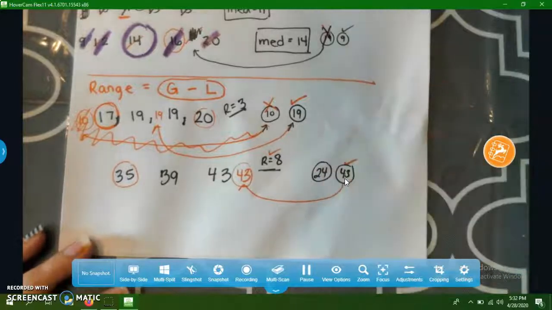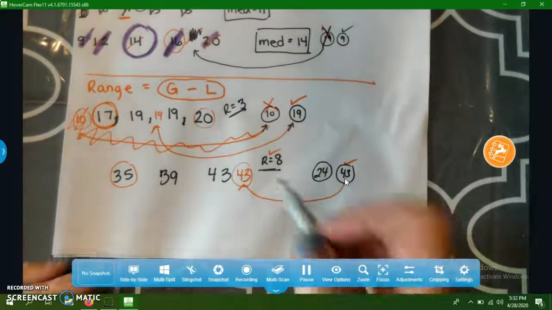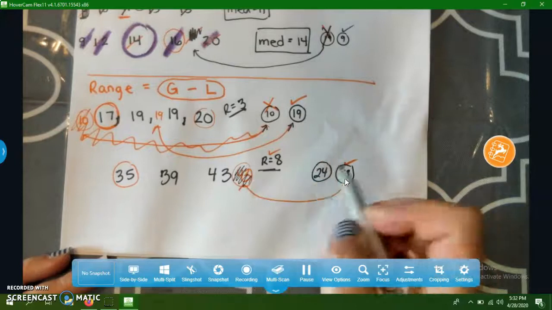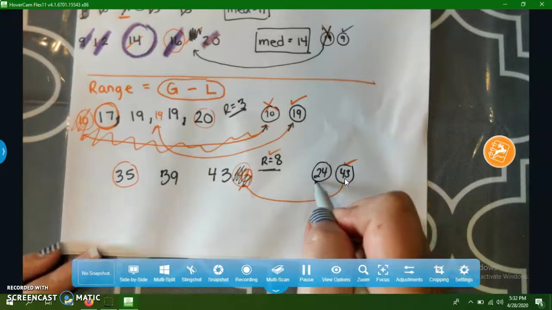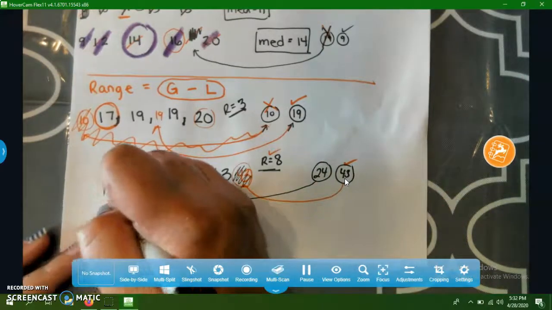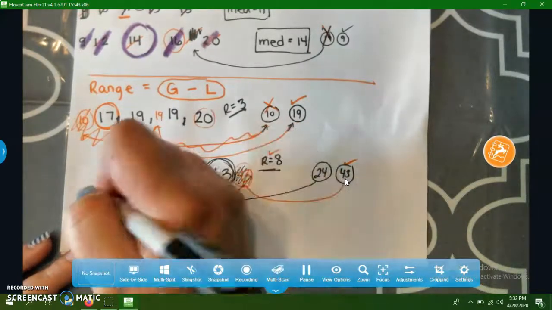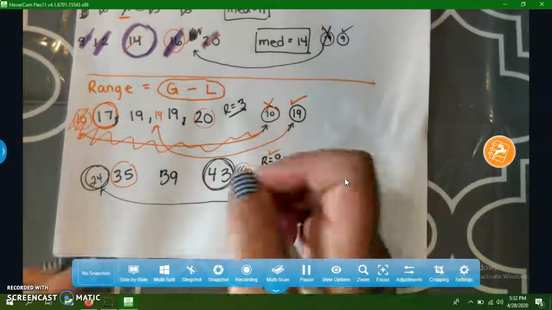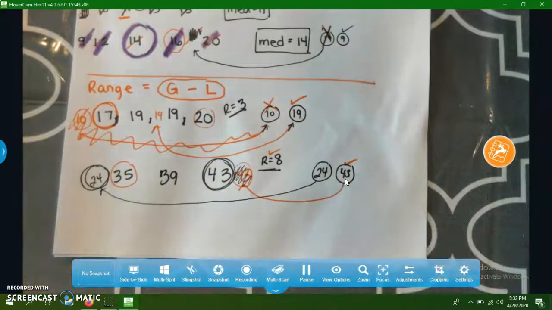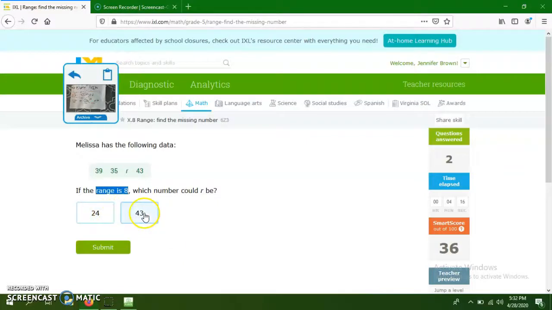So this looks good so far. I'm going to get rid of that for just a second and just to double check and show you how this works. If I took the 24, it would end up being my least. And then I would be doing 43 minus 24, which would give me something other than 8. So that's why that is my answer. So I can slingshot over and choose 43.